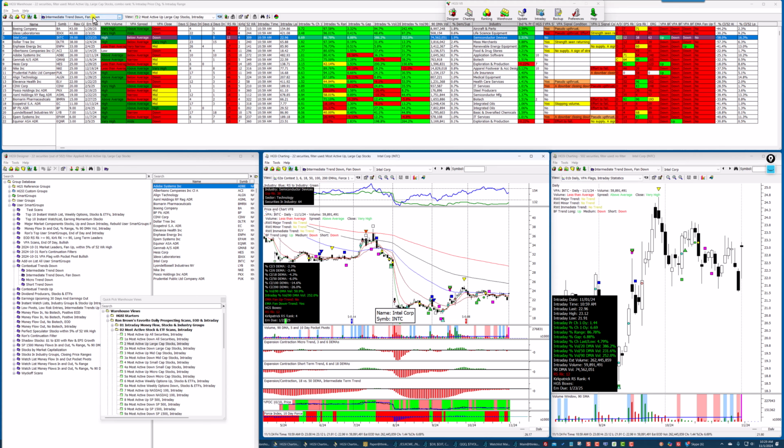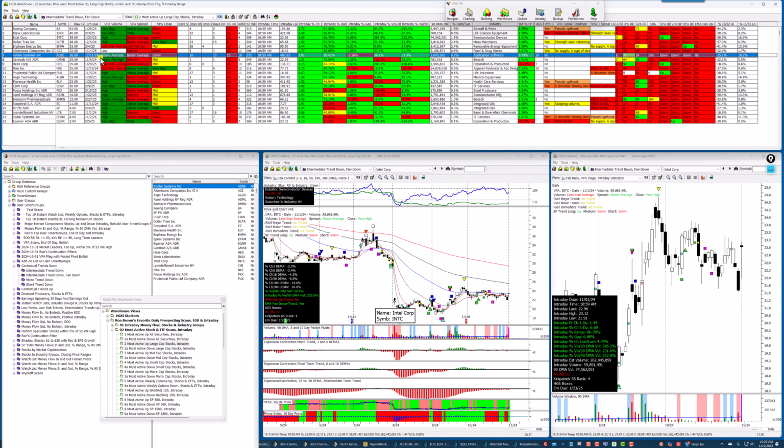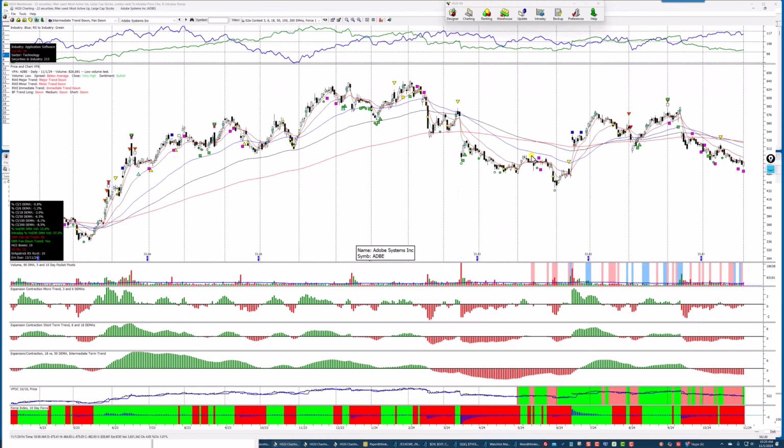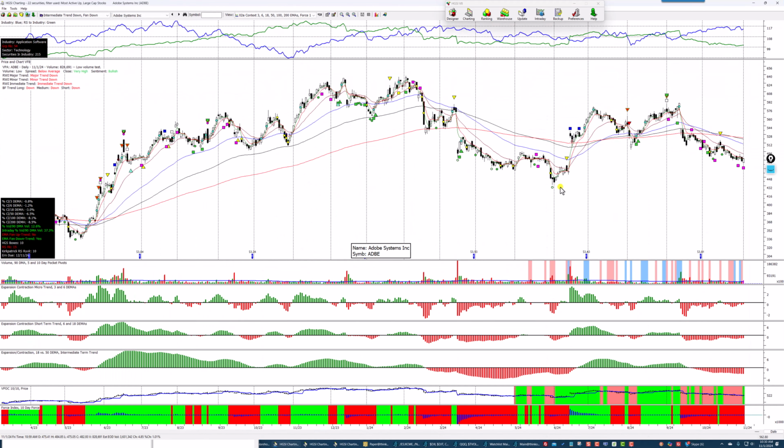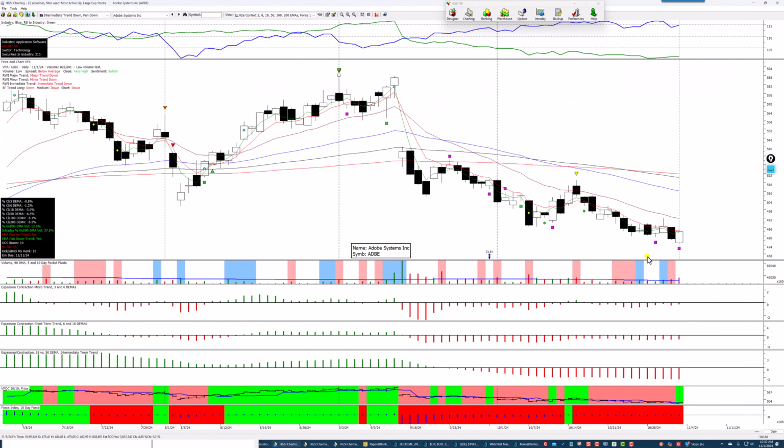Let's take a look at a very familiar Adobe Systems. I'll do an alternate one to move in on this. You can see that it's up, but it meets all the criteria because the intermediate term trend is down, the short term trend's down, and the micro trend's down, but it's one of the most active stocks today.